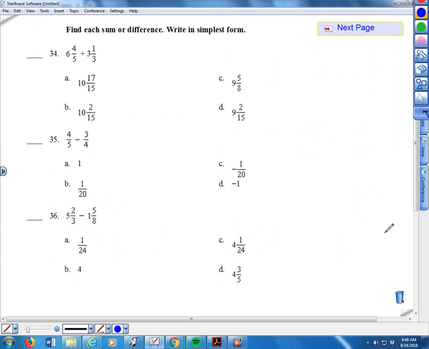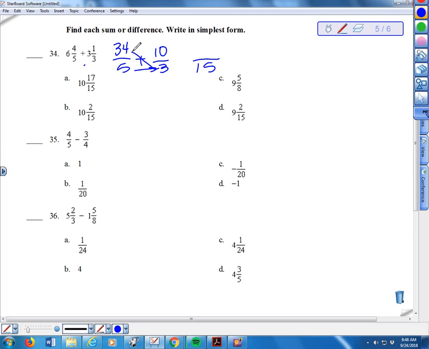Okay, sum or difference. I think this is the last page, I hope. With these, I would recommend converting them to improper fractions. So I have 34/5 and 10/3. I can't simplify either. My common denominator is going to be 15. 3 times 34 is 102.